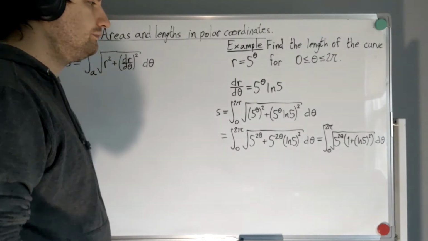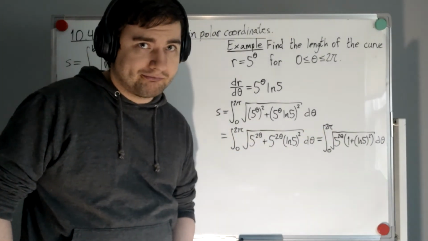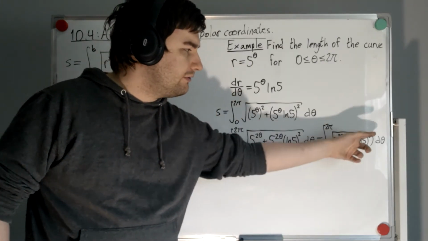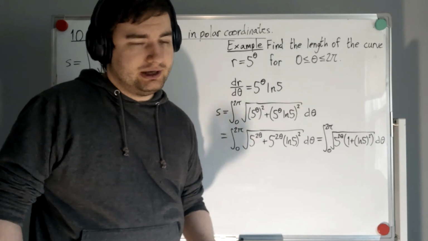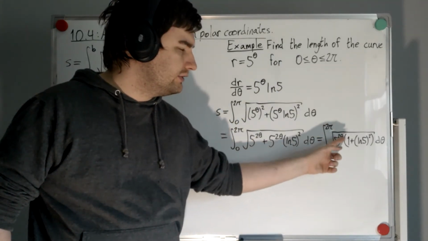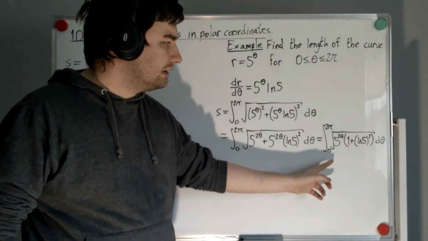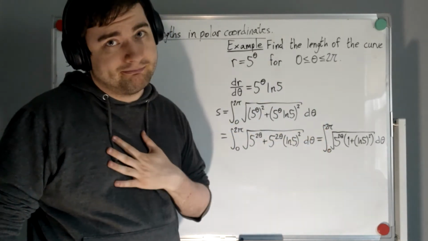All right, now 5 to the 2 theta is being raised to the 1/2 power because it's under the square root. So if you just multiply the exponents, you're just left with 5 to the theta. And that's completely valid here because 5 to the theta is positive over the region from 0 to 2 pi.